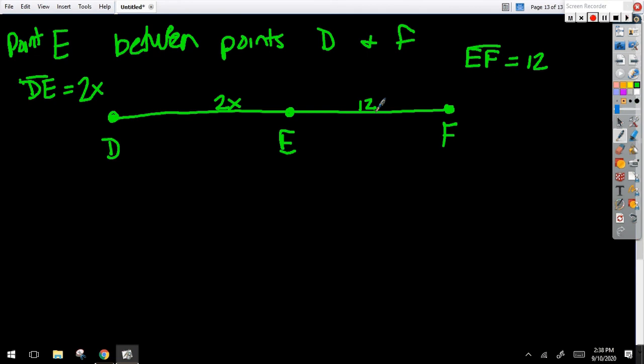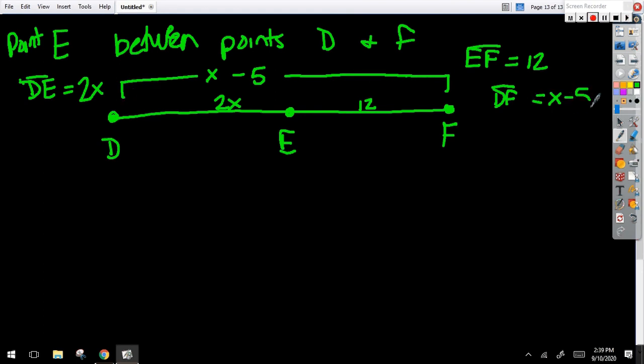Okay, and let's say that the whole segment DF measures x minus 5. It's for this whole segment. How might you find the value of x and in turn the length of each segment?